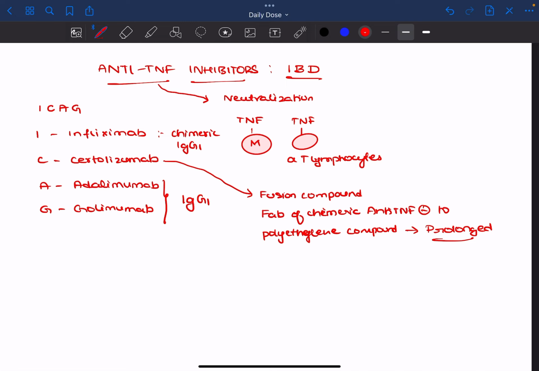Apart from that, one should remember that infliximab is administered through the IV route, whereas adalimumab and golimumab are administered through the subcutaneous route. So in common, those drugs which are administered through intravenous infusion are more prone to infusion related reactions.